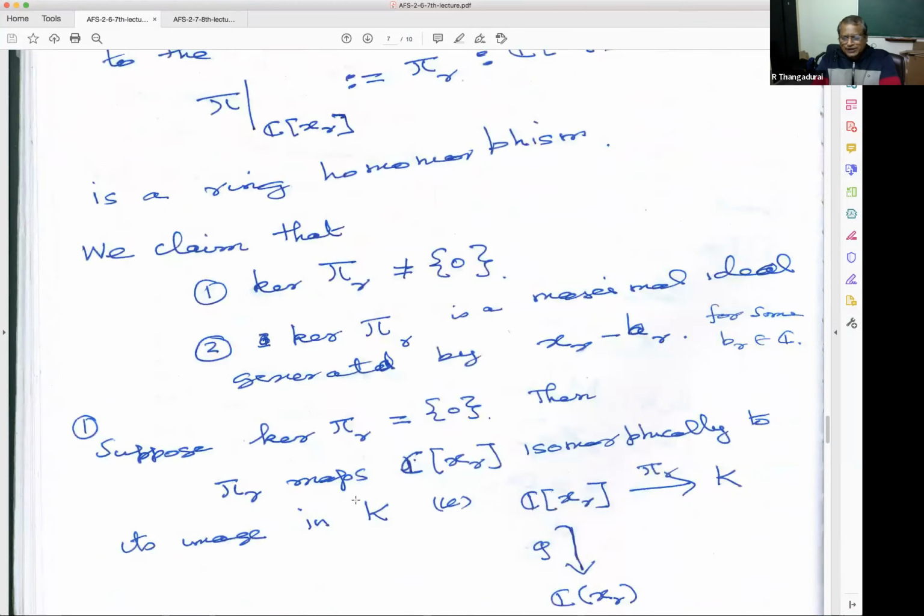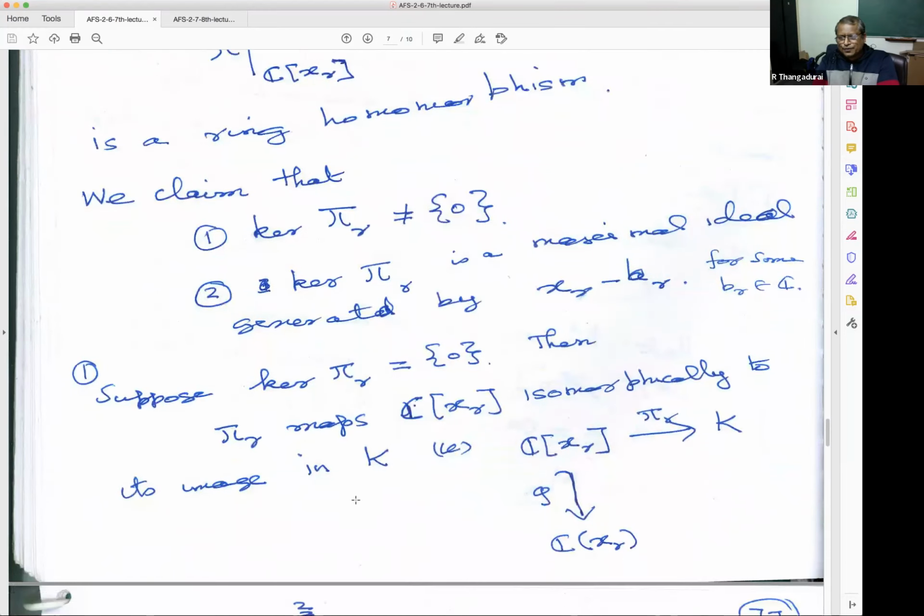The first one we are trying to prove. Suppose not. If the kernel of pi_r is just 0, it means pi_r is an injective map. The kernel is trivial, which means pi_r is injective.